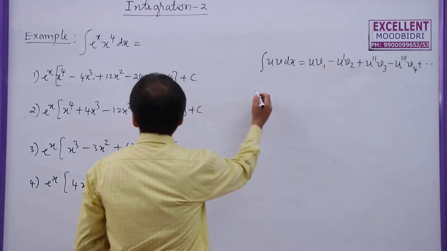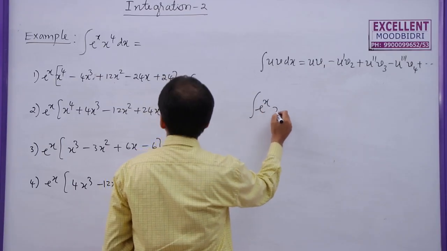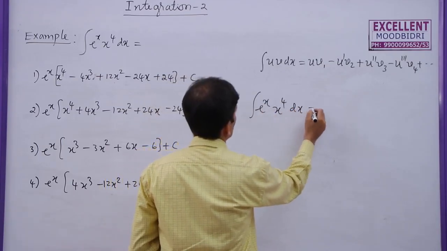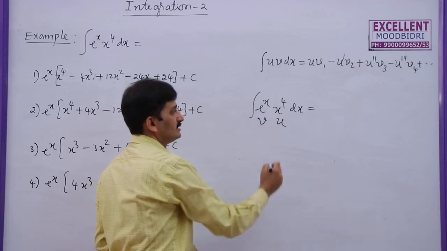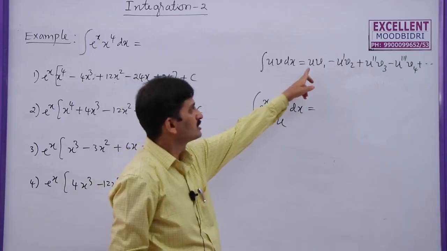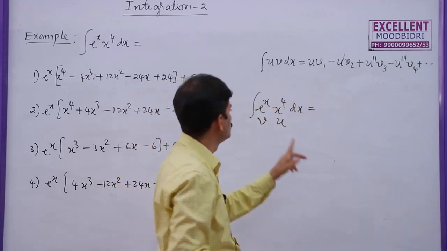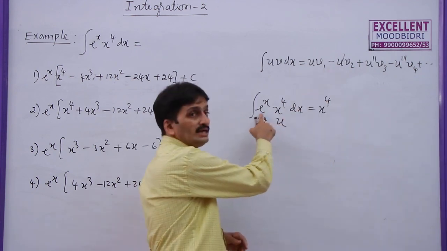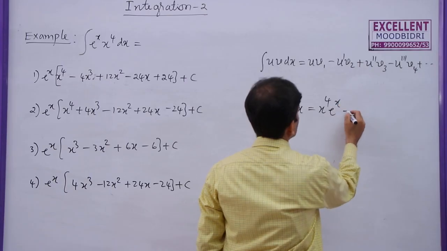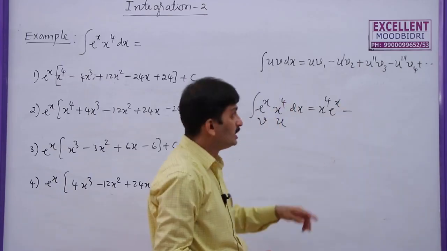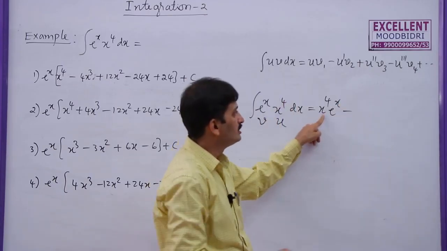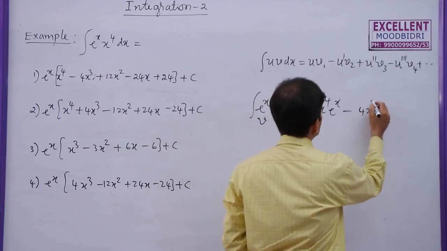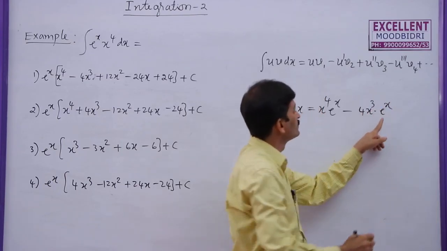So integration of e power x into x power 4 dx equals, take this as u and this as v. The shortcut formula says u v1. So what is u? X power 4 into v1, the integral of e power x, which is e power x. Next sign is minus. U dash means the derivative of x power 4, so 4x cube into v2.